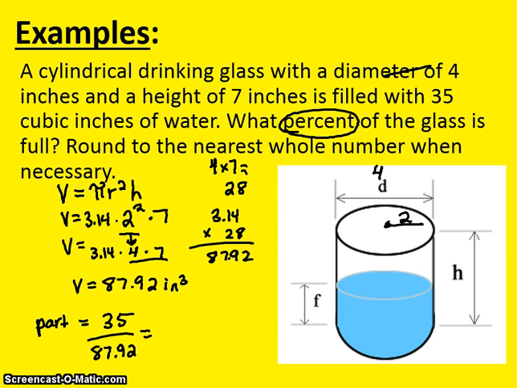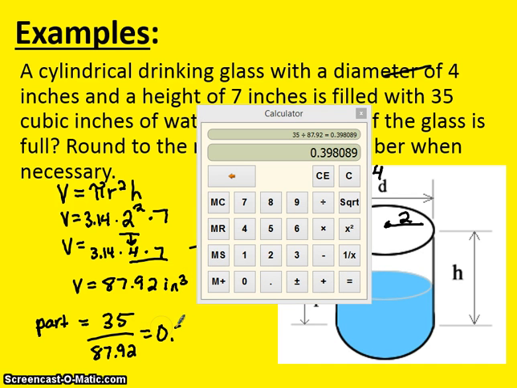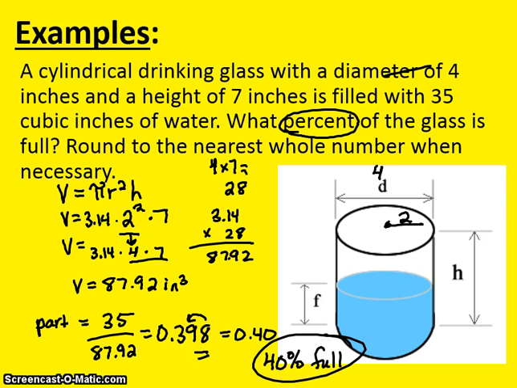We have a fraction, so we can divide to make that a percent. 35 divided by 87.92 gives us 0.398. The 8 rounds the 9, which makes 0.40. The glass is 40% full. So if we were to restate our answer, we would say the glass is 40% full.